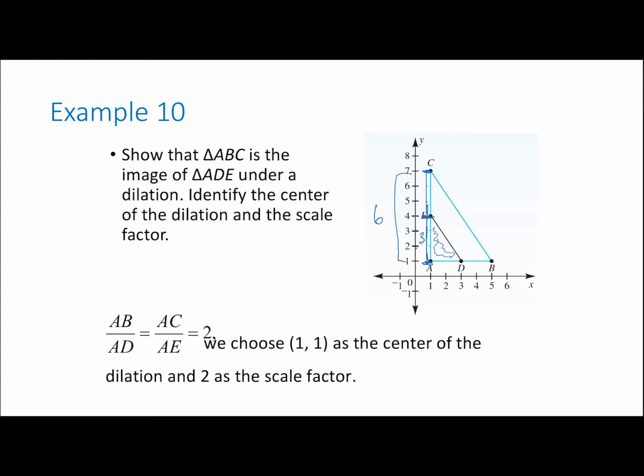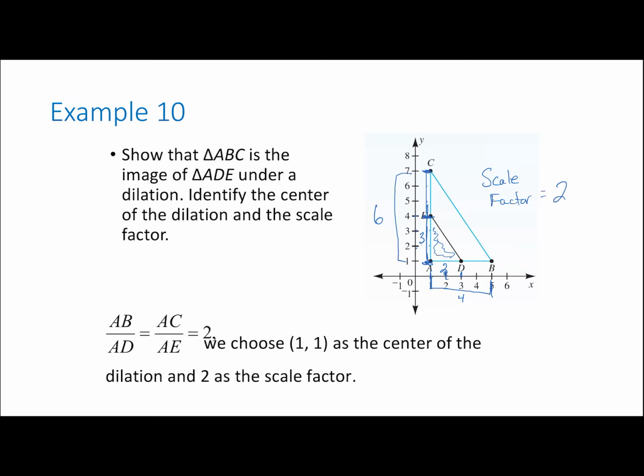And if you look at AD, it's 1, 2 units. And then from A to B is 4 units. So how much did it change? Again, it was multiplied by 2. And so our scale factor here is 2.